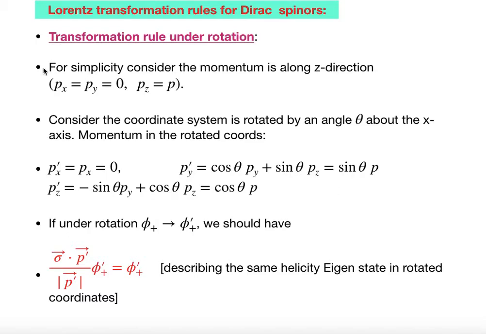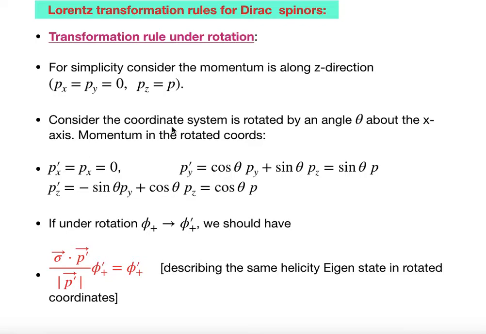So first, check the transformation rule under rotation. Again, for simplicity, let us consider that this particle's momentum is along the z direction only. So px, py is equal to 0 and pz is equal to p. Now you rotate the coordinates by an angle theta about the x-axis.